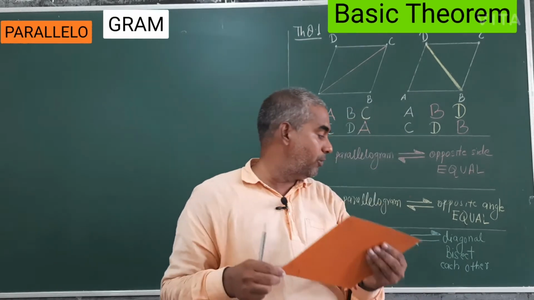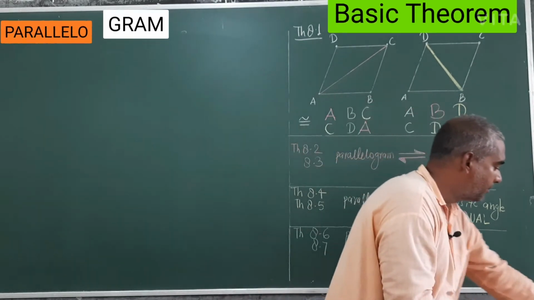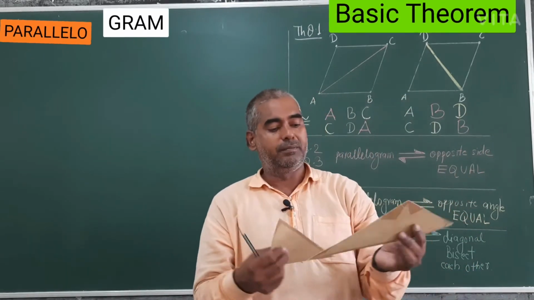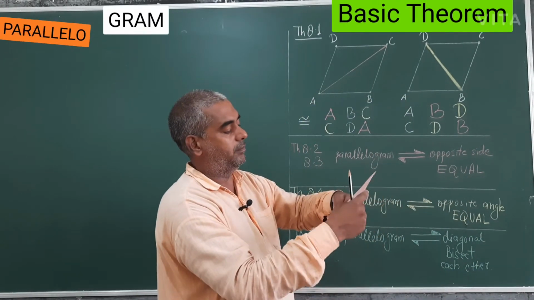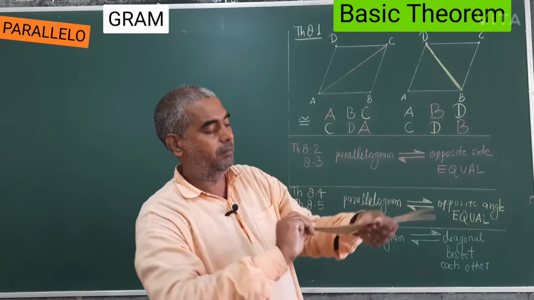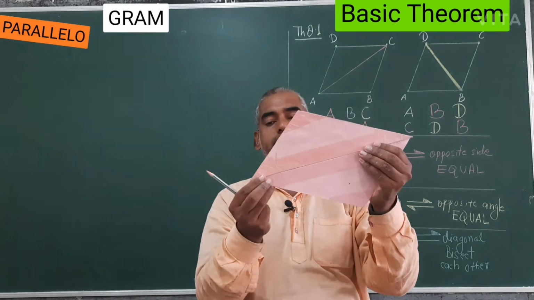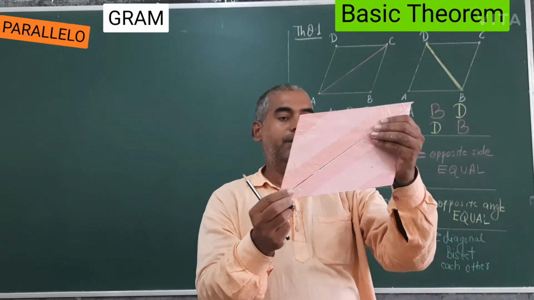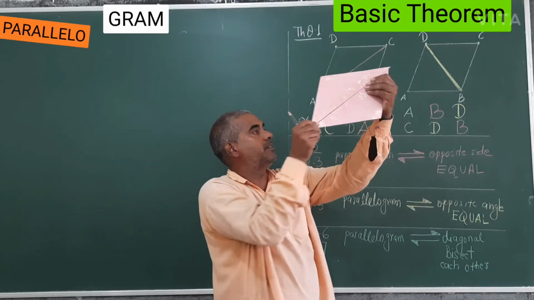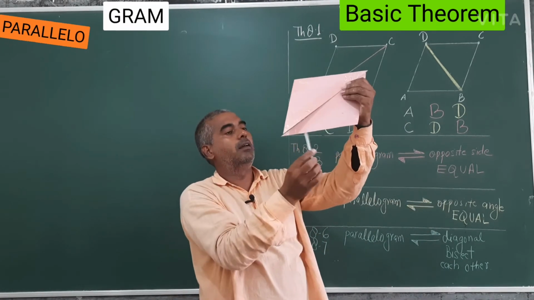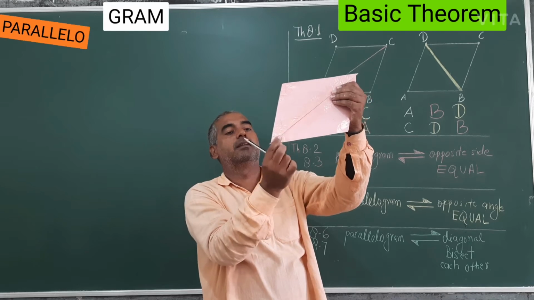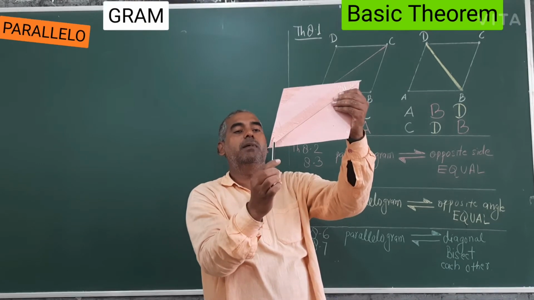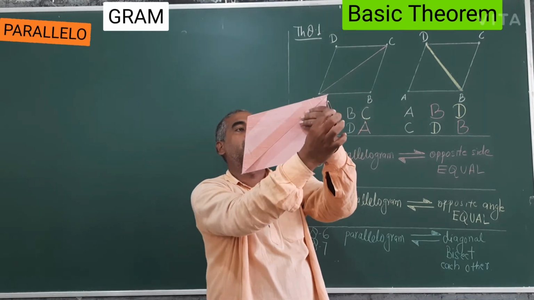Just like this was a parallelogram, whole to whole, you are observing the figure is the same. This angle is not equal to this. Yes, this part is equal to this part.